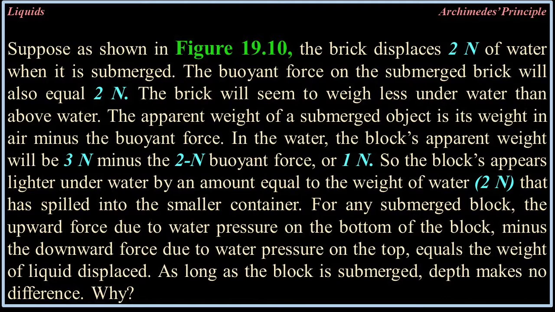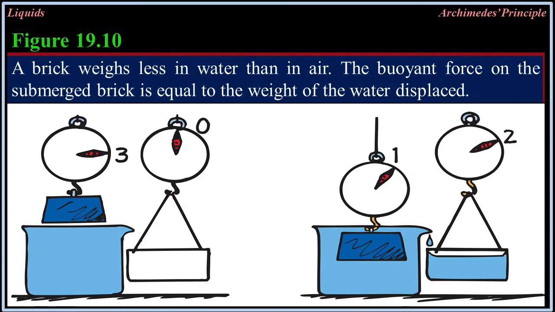For any submerged block, the upward force due to water pressure on the bottom of the block minus the downward force due to water pressure on the top equals the weight of the liquid displaced. As long as the block is submerged, depth makes no difference. Why?